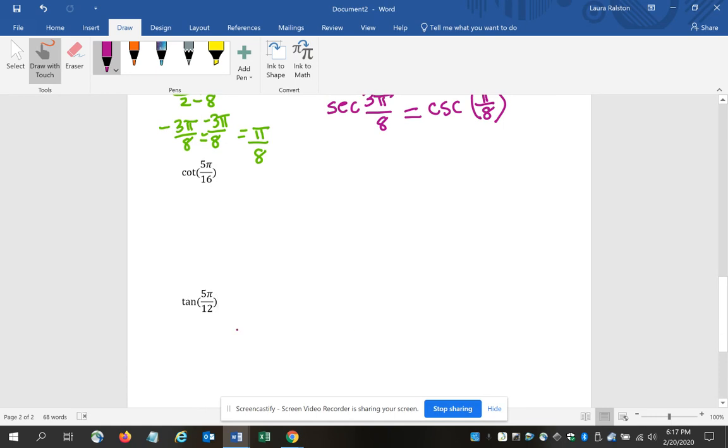All right. For the next one, I want you to pause the video and see if you can figure out the answer to the cotangent of 5 pi 16ths. What's the cofunction of the cotangent of 5 pi 16ths?